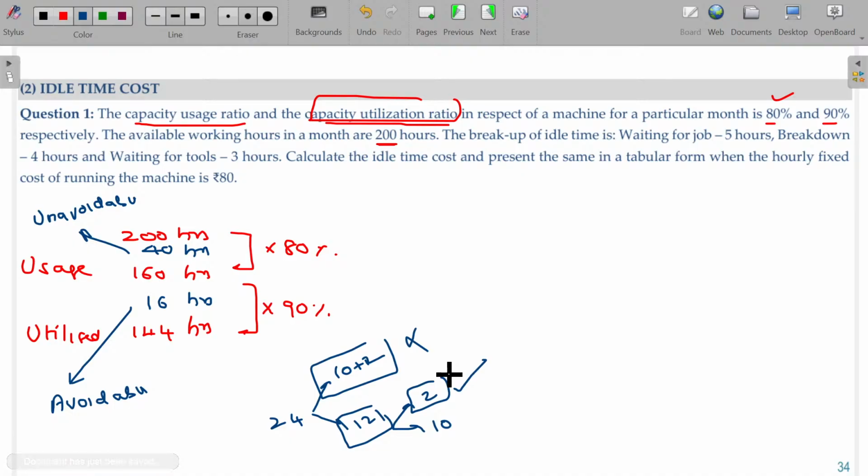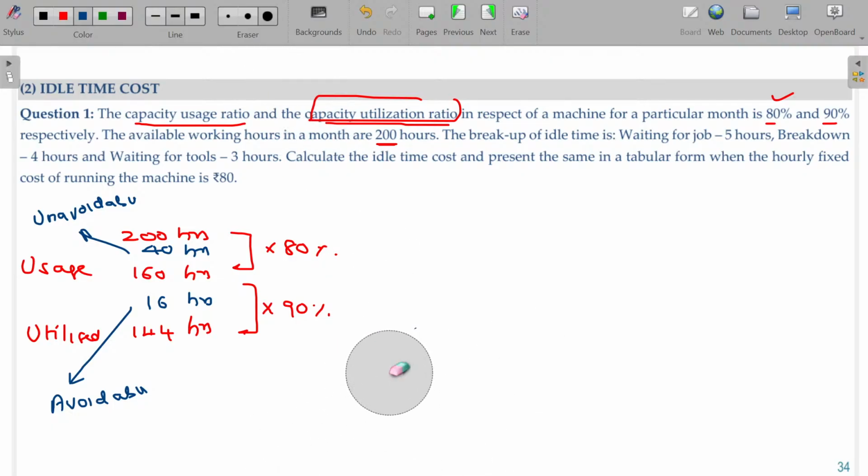Similarly, 24 hours is your system capacity, but you are capable of working only 12 hours. In that 12 hours, how many hours can you effectively work? If every day you are working only 8 hours, you can now try to understand how to improve it.